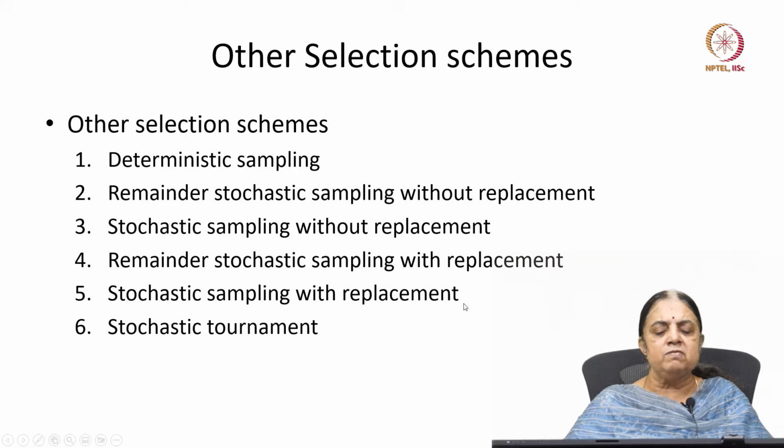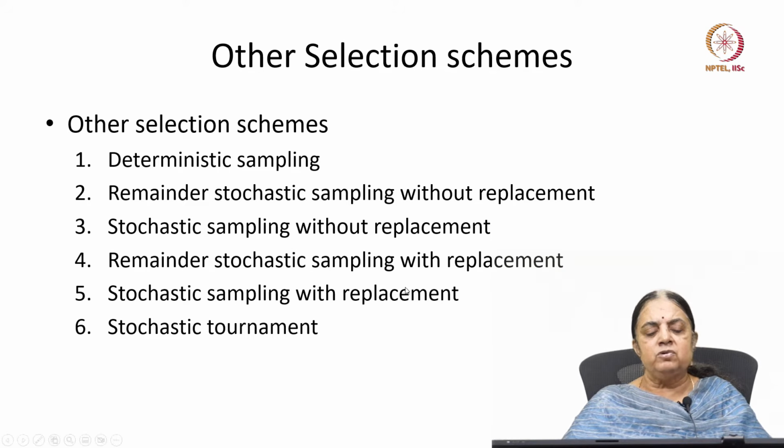In other words, once a string is chosen to be put into the next generation, you are going to replace that string back into the set of strings which you are going to work with. If you don't replace it back fully, then it's called stochastic sampling without replacement. So how would you do this?